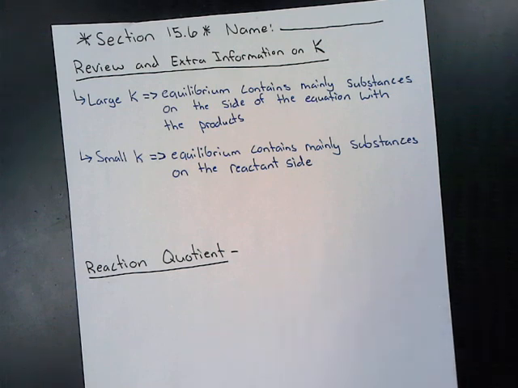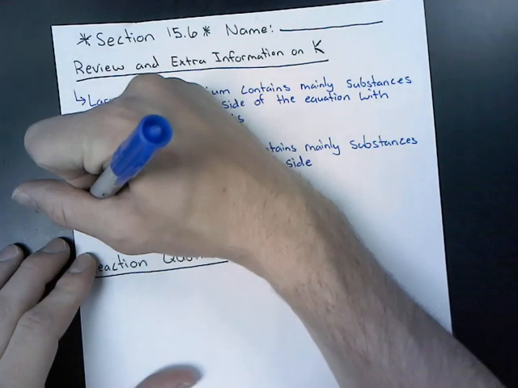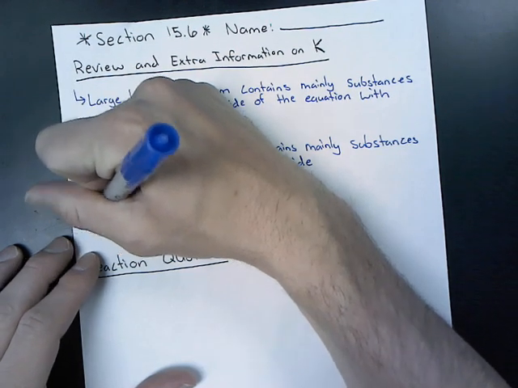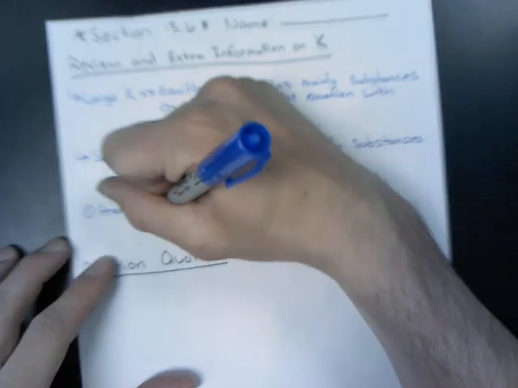So why do we need to have a knowledge of big and small Ks? We can do a couple of things with this K. Number one, what we can do with this is we can predict the direction.